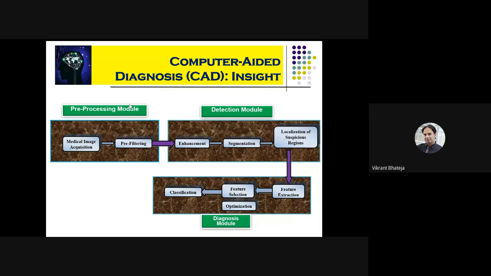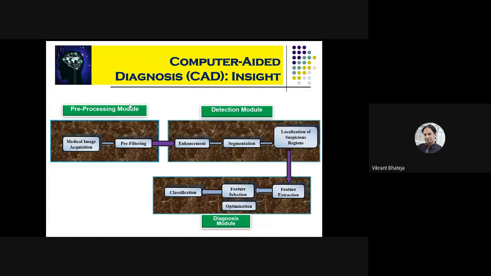So I would like to give you a slightly different angle of visualizing this whole thing, specifically from the point of view of where we are starting research in this particular domain.